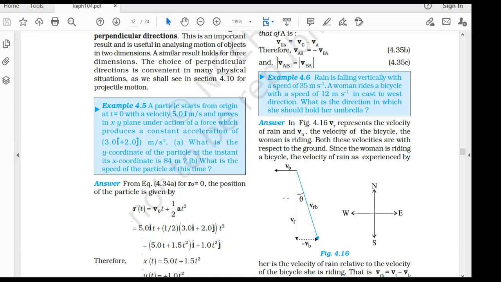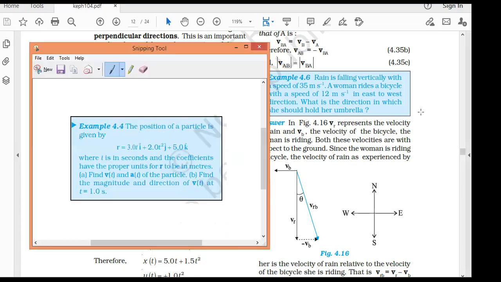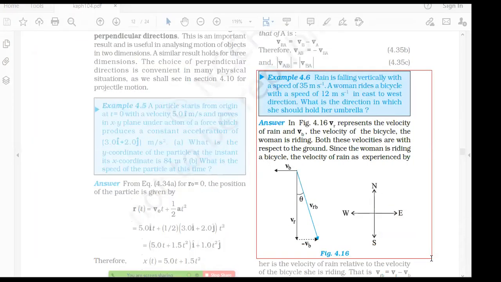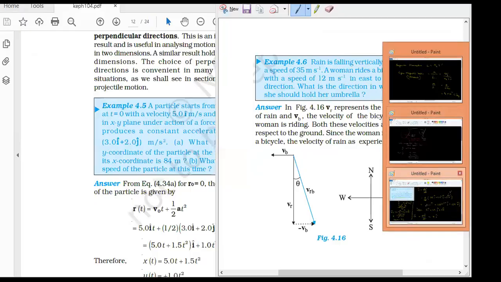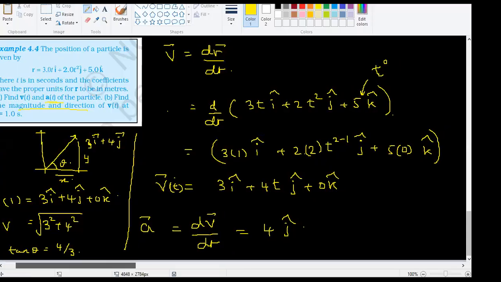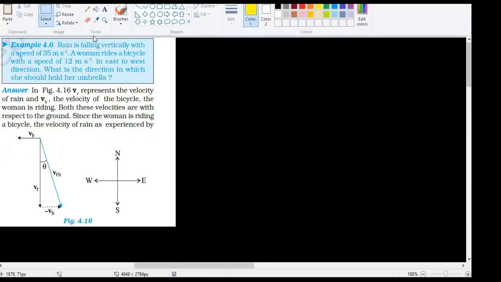You can show the blue line over here, which means you'll get the same answer. What I'm trying to say here is don't worry about this blue line. It's nothing but this angle.